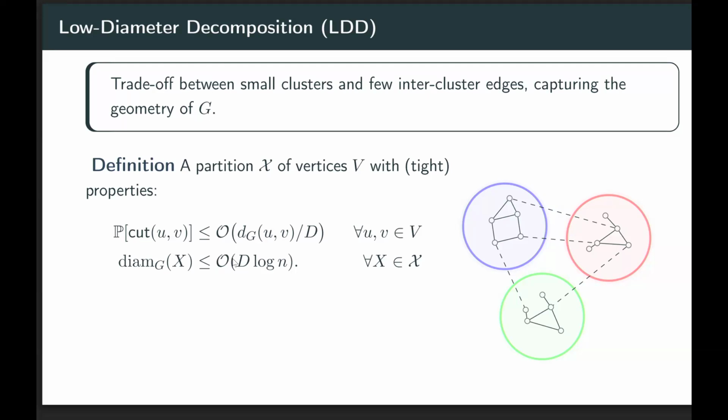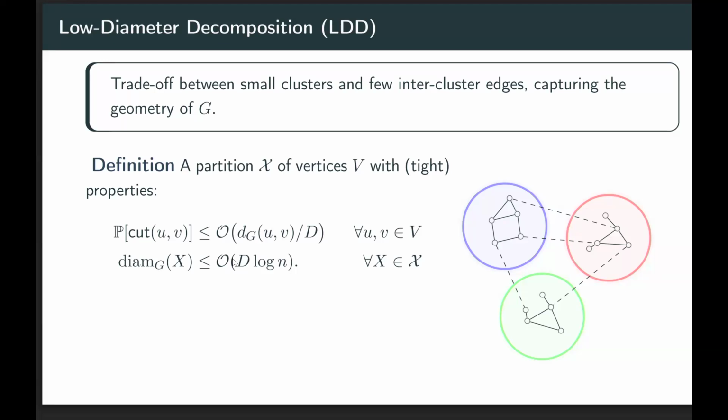These two properties are known to be tight. So this gives you a bound on the number of cut edges from U to V, and also the diameter is not that big. You can see the hyperparameter D, where you can either have bigger clusters and fewer intercluster edges, or very small clusters but more intercluster edges.